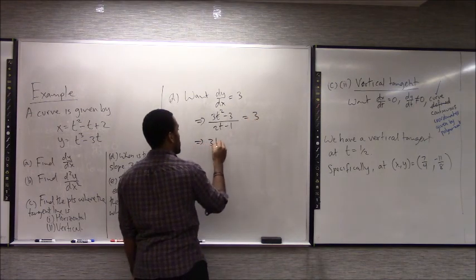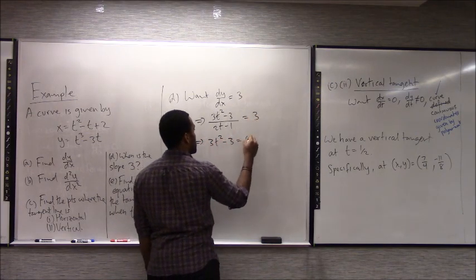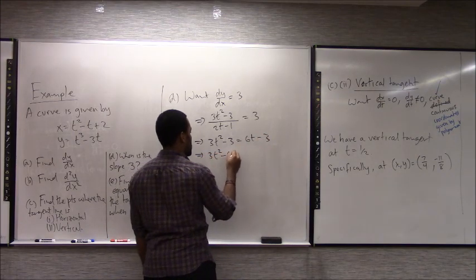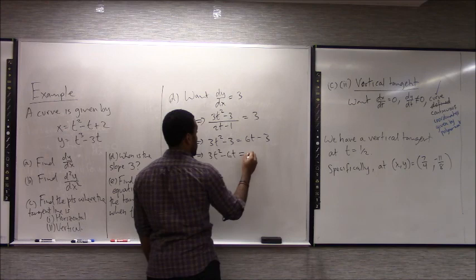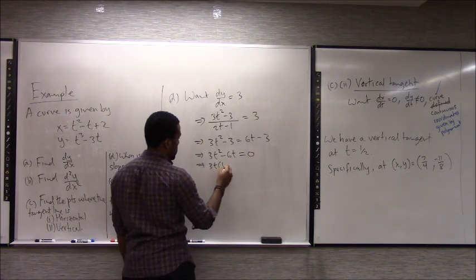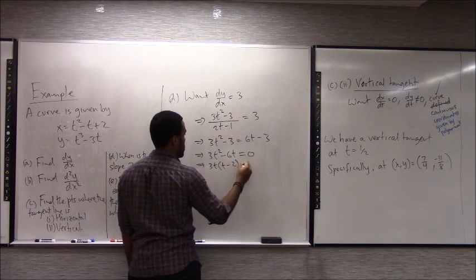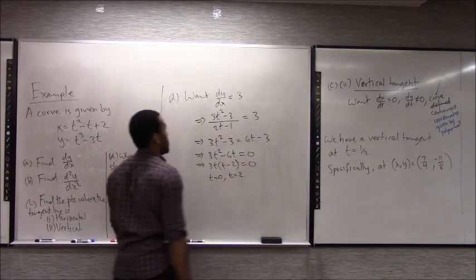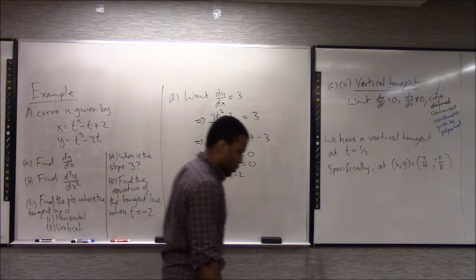So this means that 3t squared minus 3 equals 6t minus 3. This means that 3t squared minus 6t equals 0, and I can factor this. So t equals 0 or t equals 2 is where the slope will actually be 3.